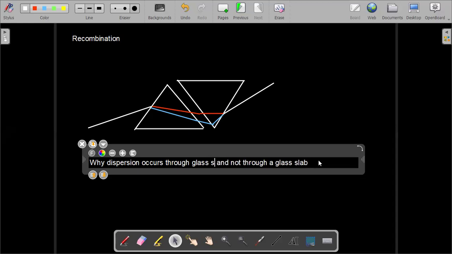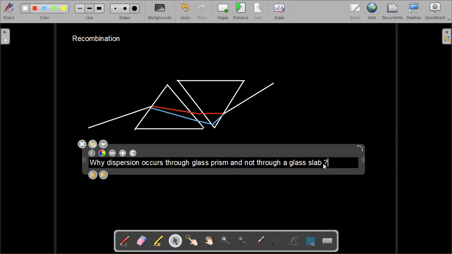I expect everyone to write this answer properly, and I'll be checking this in your next class about why dispersion occurs through the glass prism and not through a glass slab.